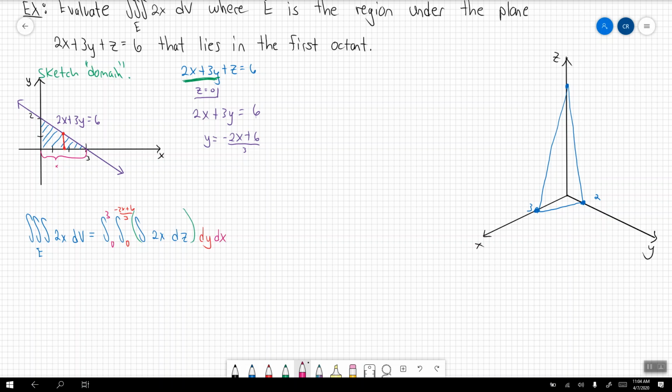There we go. Now, we want to interpret the innermost integral here. Once we finish calculating all of this area in 2 dimensions, then we're going to take a height. The height is going to go from any initial point in this area.